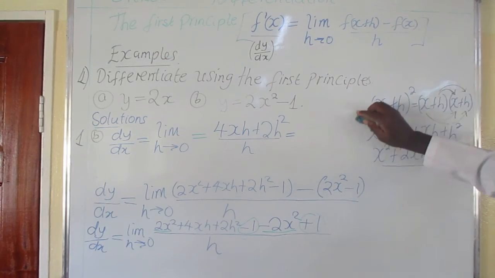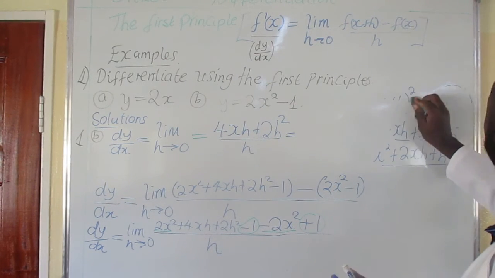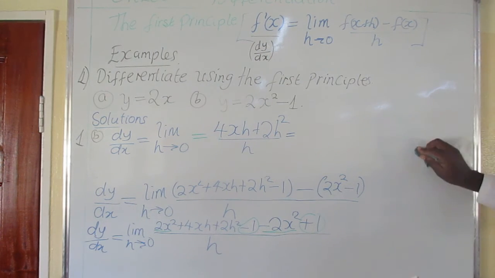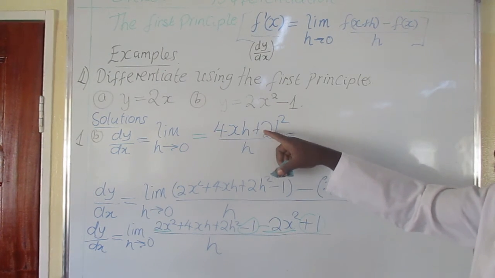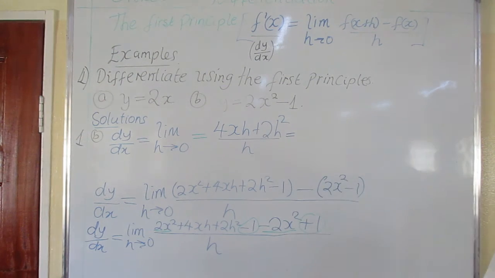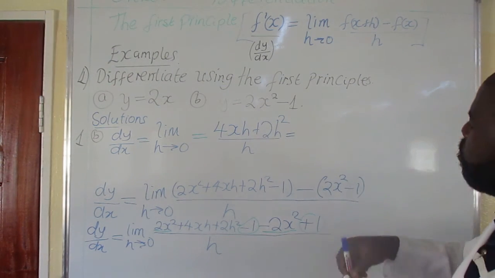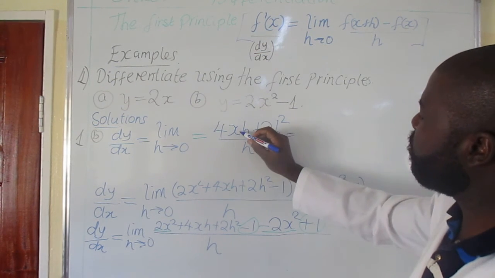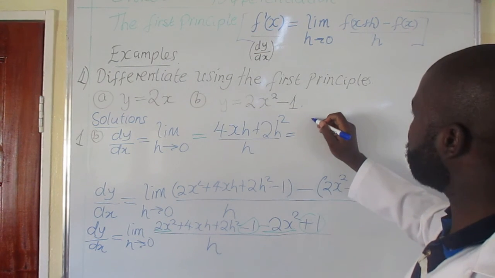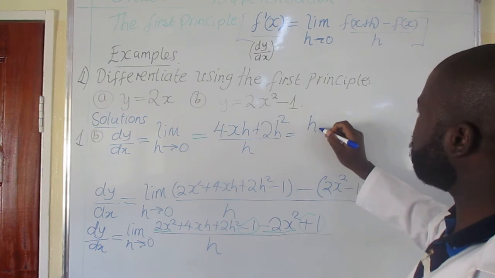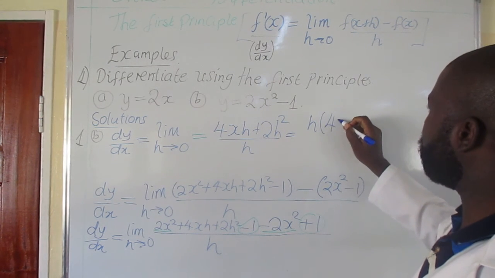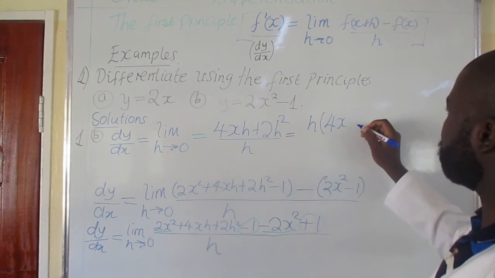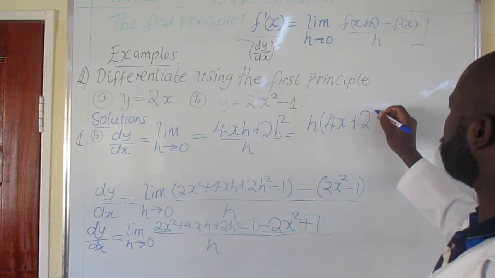Now here, you can see that the h is common on the two terms that are forming the numerator. So we are going to factorize the h so that we have h, then we have 4x plus 2h.